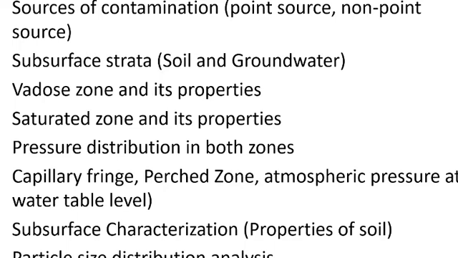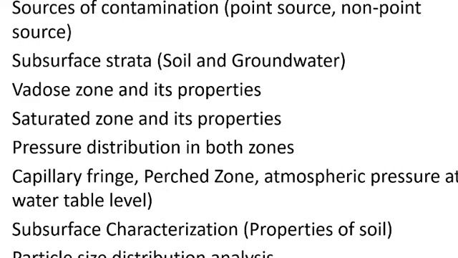It depends upon the geological formation of subsurface: what kind of strata it is, what kind of water table level it is, whether it is a phreatic zone or it is having a piezometric pressure. Then we defined capillary fringe, burst zone, atmospheric pressure at water table level. All these things we discussed in the previous lecture.